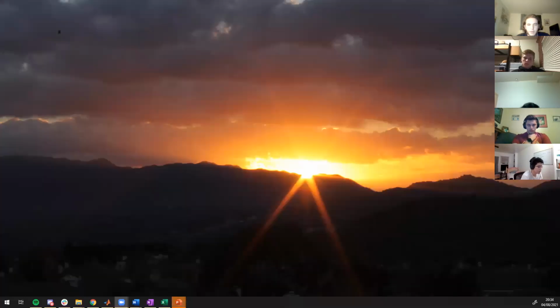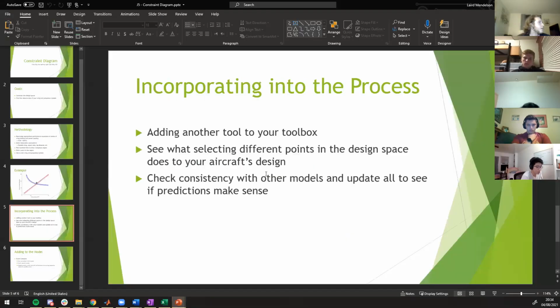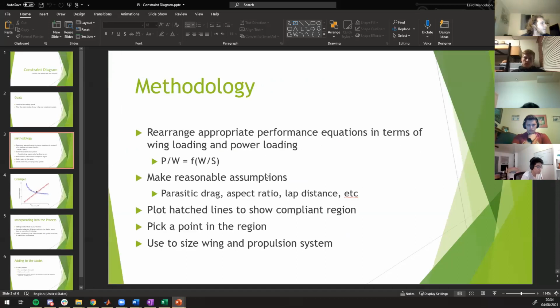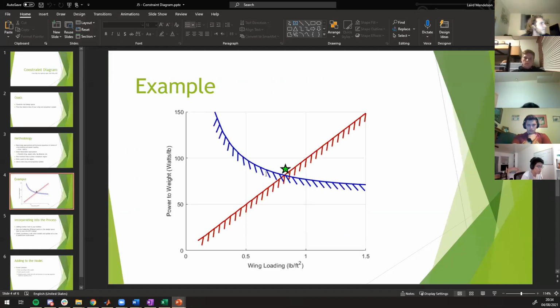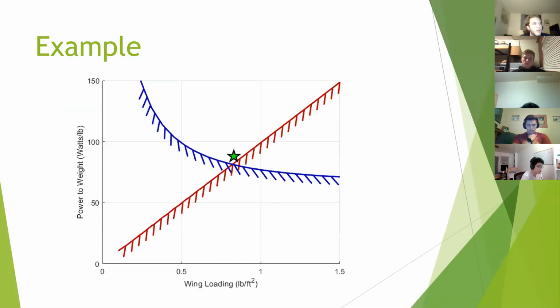Let me pull up another slideshow here. This is an example of a fairly basic constraint diagram. I don't know what constraints were actually used to generate this, but this is the takeoff curve, and this is a speed, right?